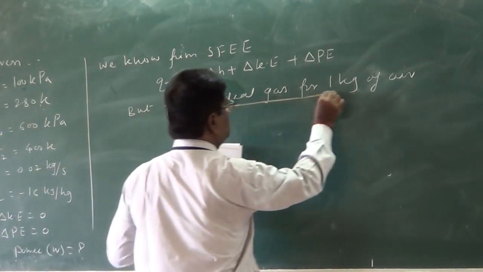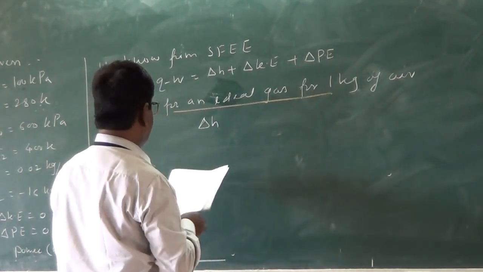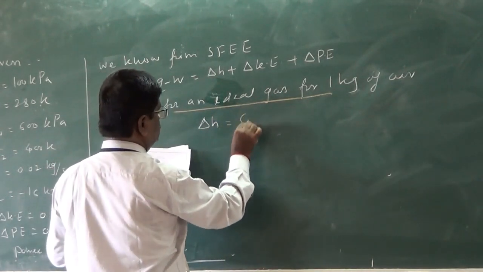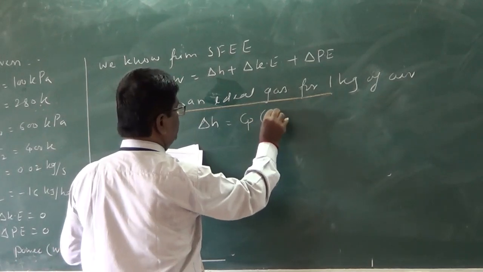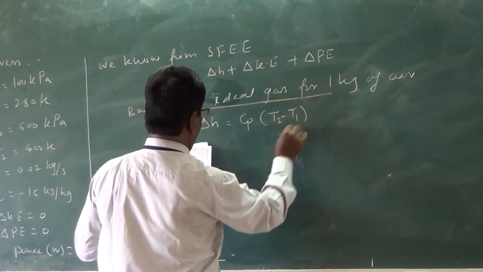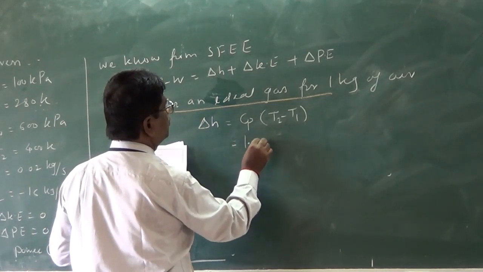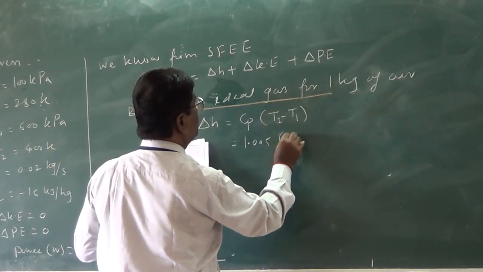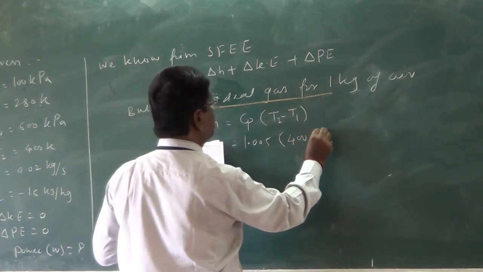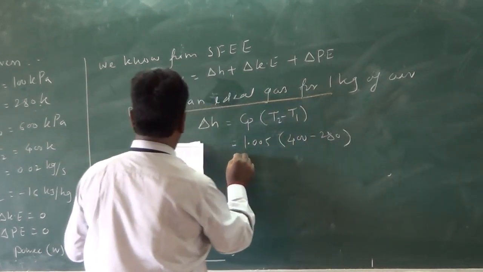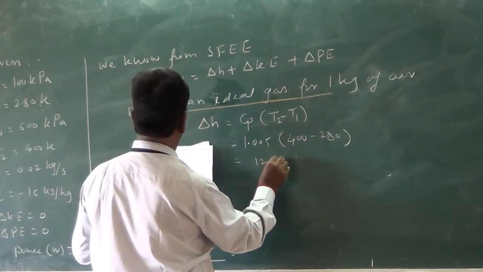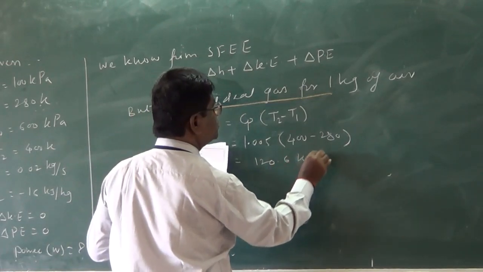Delta H is equal to Cp into T2 minus T1. So Cp for air, standard value 0.5, then 400 minus 200, and it is equal to 120.6 kilojoules per kg.